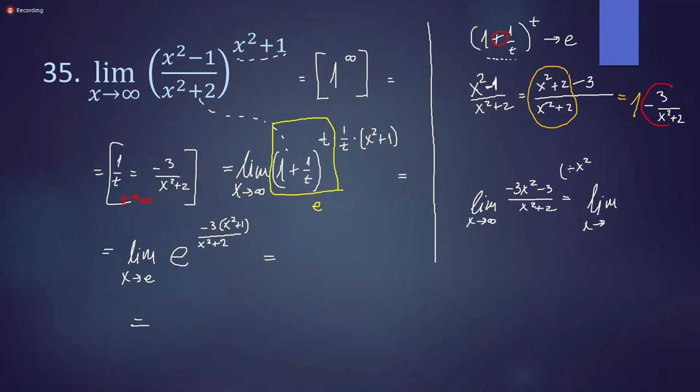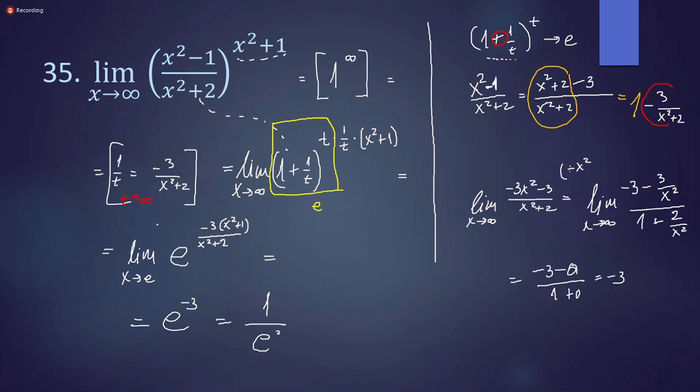So minus 3x squared divided by x squared is minus 3. Minus 3, don't forget to divide it out of the constant. x squared divided by x squared is 1. 2 also divided by x squared. So this limit is minus 3 minus 0 divided by 1 plus 0. So this limit is minus 3. So now we see that this is e to the power minus 3. Or you can write it 1 over e cubed.